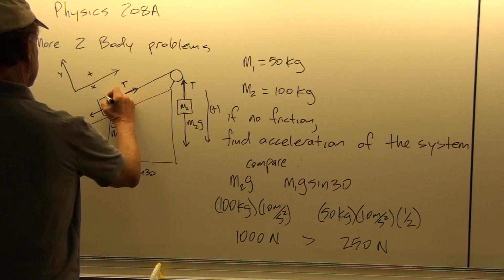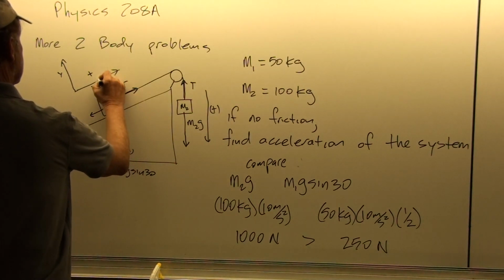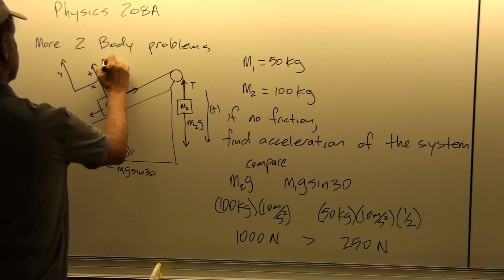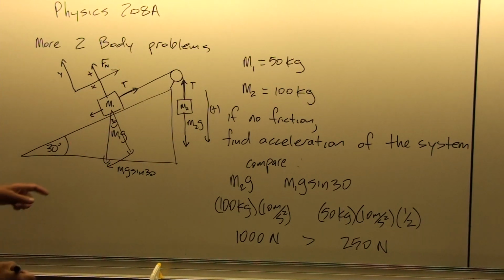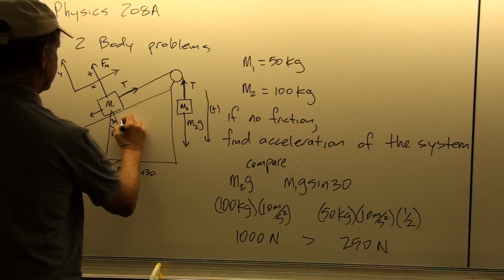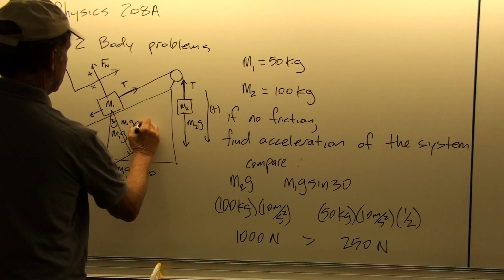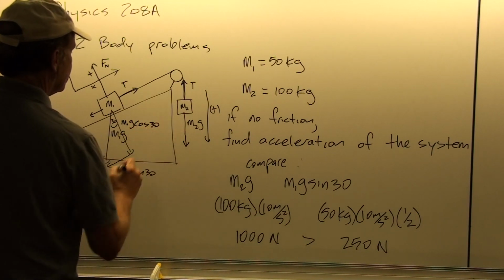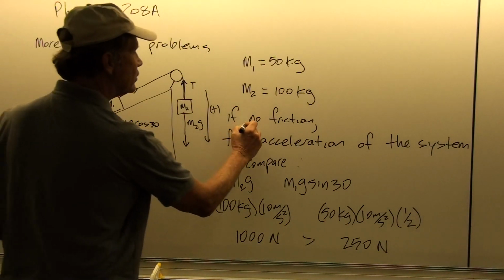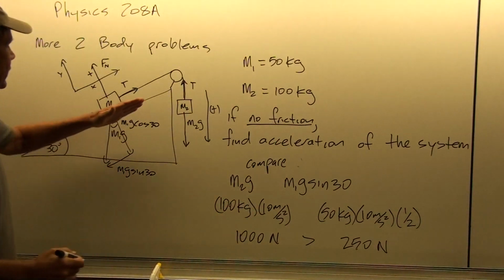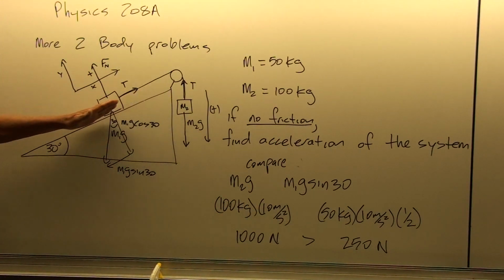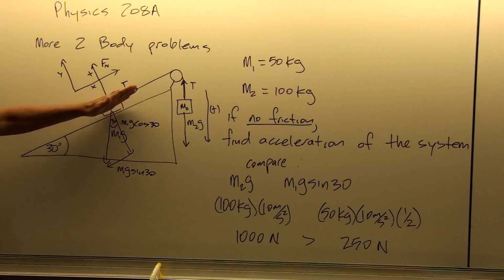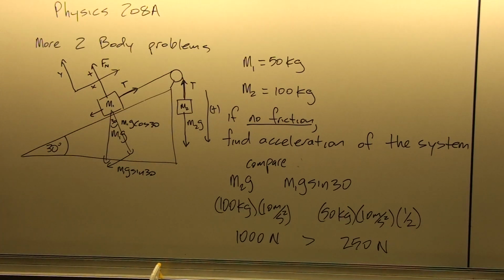Okay, so now we also need, for M1, in general, the normal force. And so the normal force is going to be compensated for by M1g cosine 30. However, if there's no friction, we don't really need the normal force in order to calculate the acceleration up the incline.